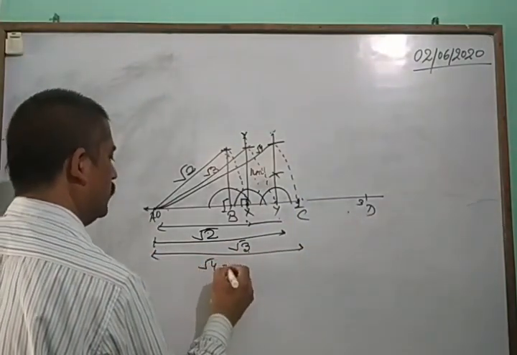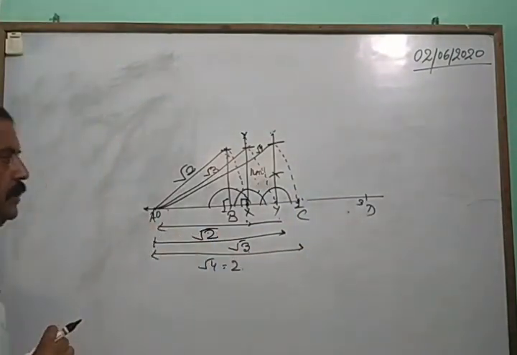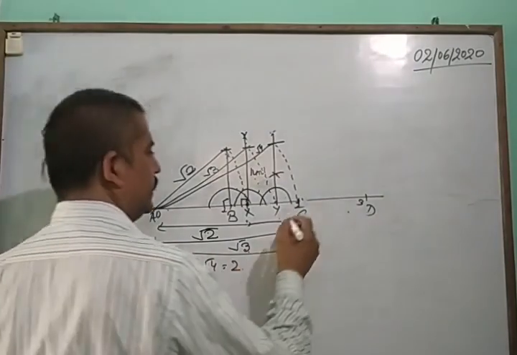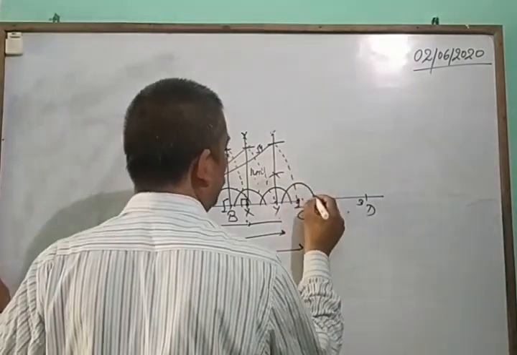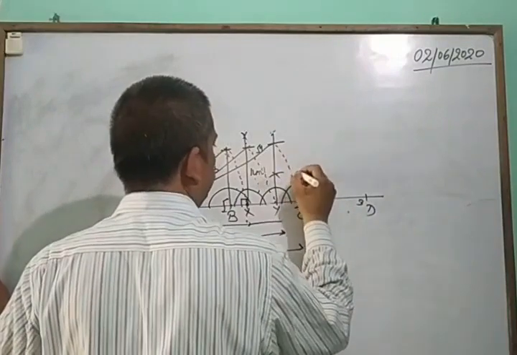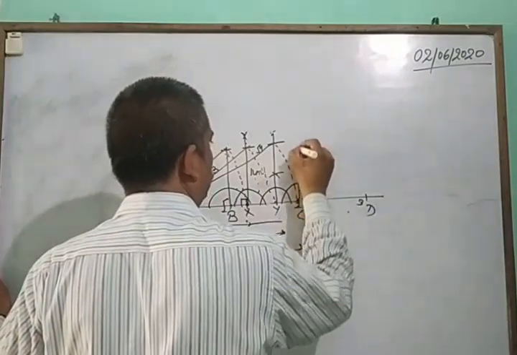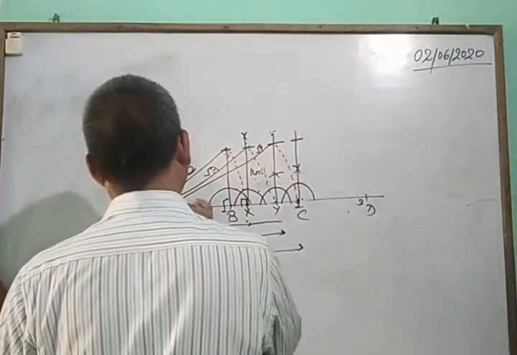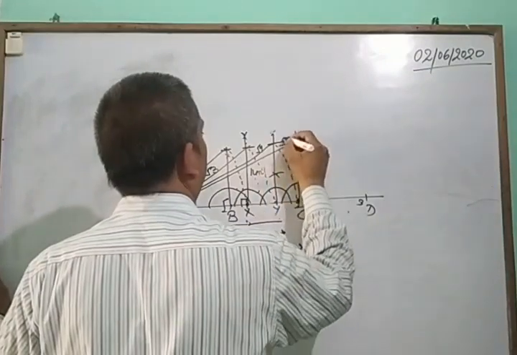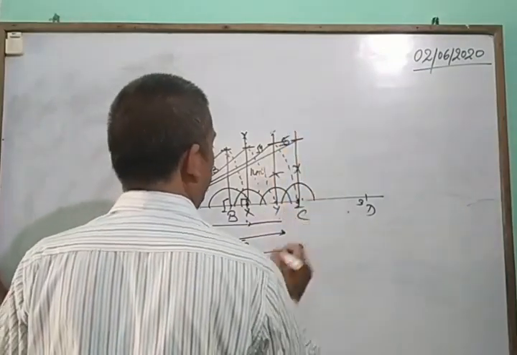Under root 4, which is also written as 2. Again at the point 2, take the 1 unit and we get root 5.